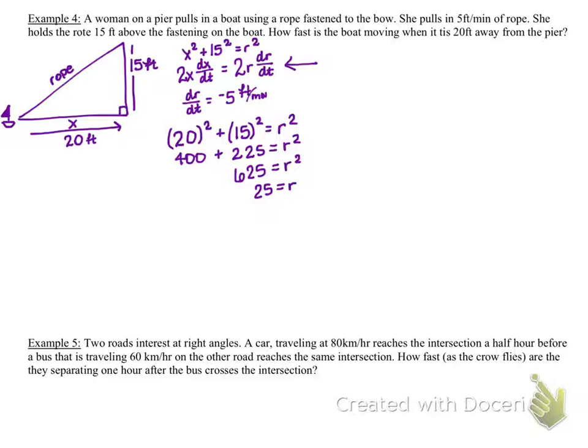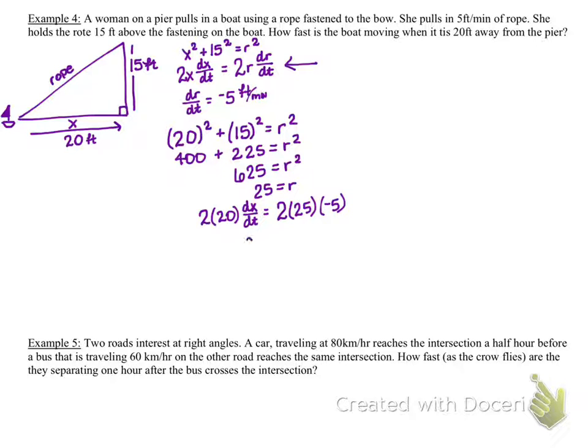So we put in 2 times x, which at this particular moment in time is 20, times dx dt, equals 2 times our r value, which is 25, times dr dt, which is negative 5.